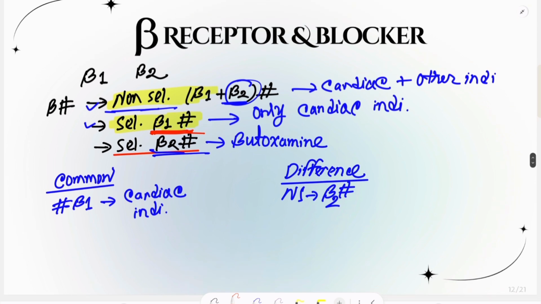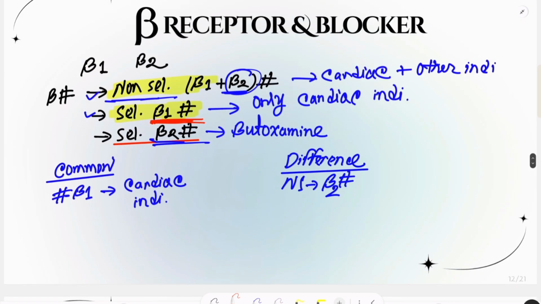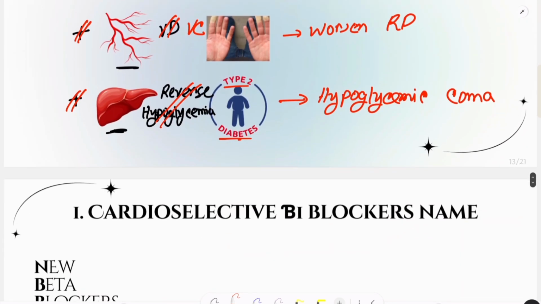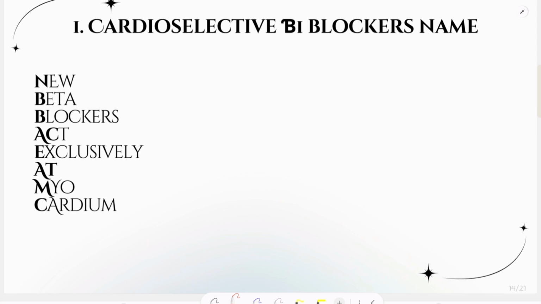So now we will move to selective beta 1 blocker or cardioselective beta blocker, which is also called second generation beta blocker. And the names of the drugs can be remembered by this mnemonic: New beta blockers act exclusively at myocardium. We can easily see from the mnemonic that this drug acts only on the heart. N stands for nebivolol.